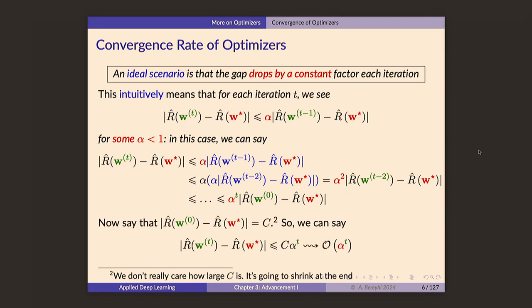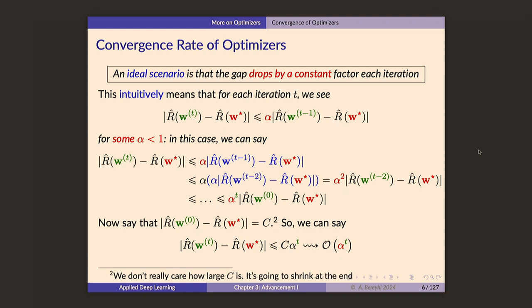This is the ideal case, the fastest thing you can imagine, where your algorithm is just converging toward the optimal point. If I say that the initial optimality gap is something like C, which could be very large but of course not infinity, then my optimality gap is dropping by C times alpha to power t.